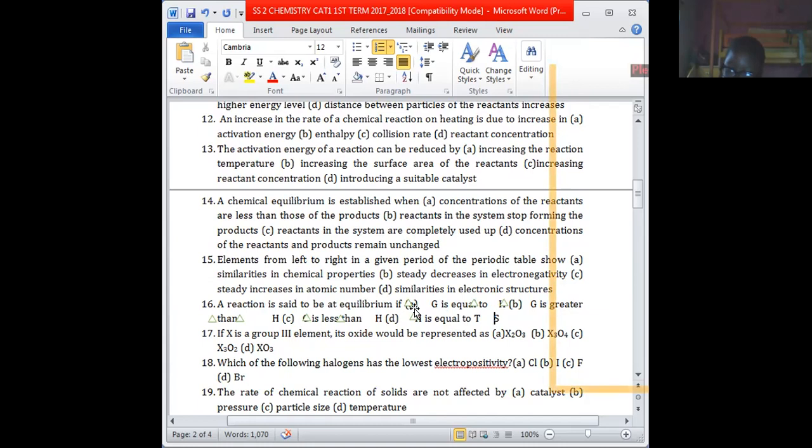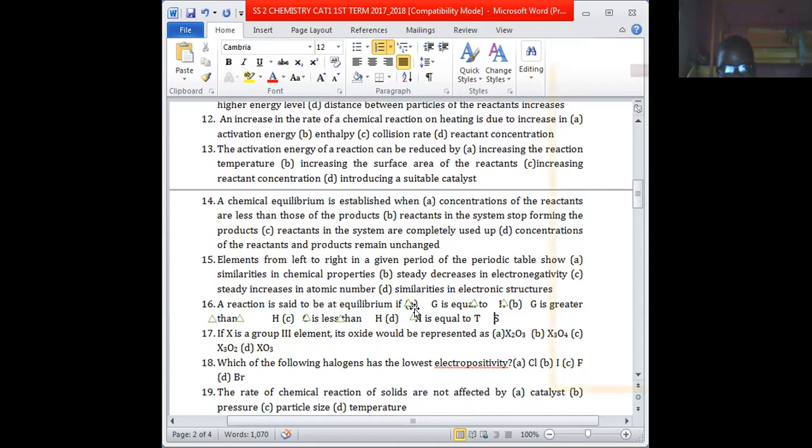Okay, number 17. If X is a group 3 element, its oxide will be represented as what? A. Sorry? A. Correct. Number 18. Which of the following halogens has the lowest electropositivity?